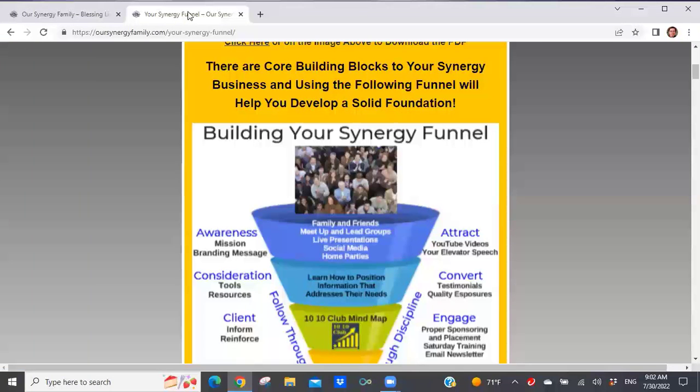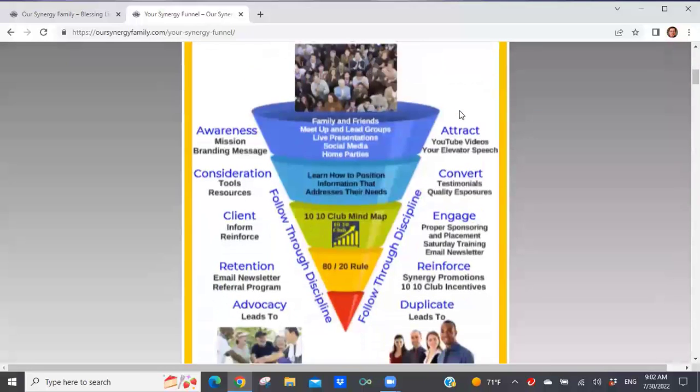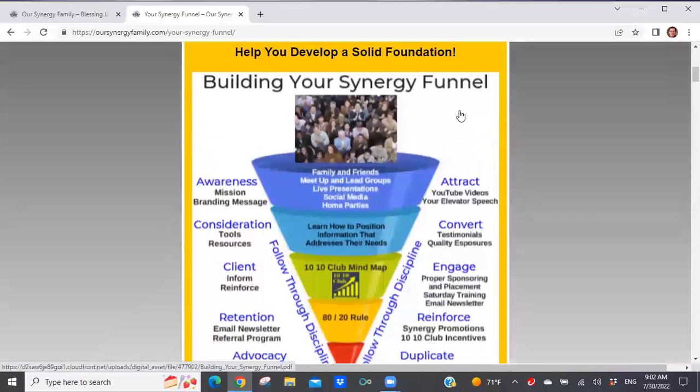It's all about building your infrastructure for your Synergy business. Your infrastructure looks like a funnel, wider at the top and getting narrower as you go down that funnel. The reason is that if you're going to build a significant Synergy business, there are 2 components.